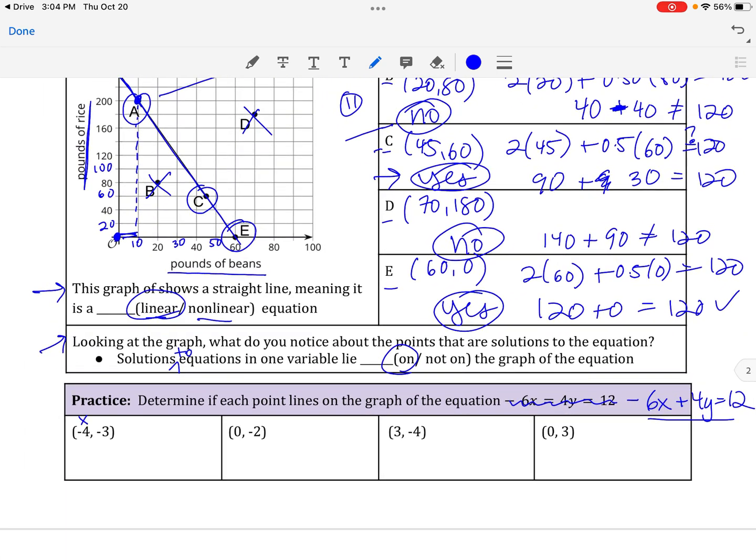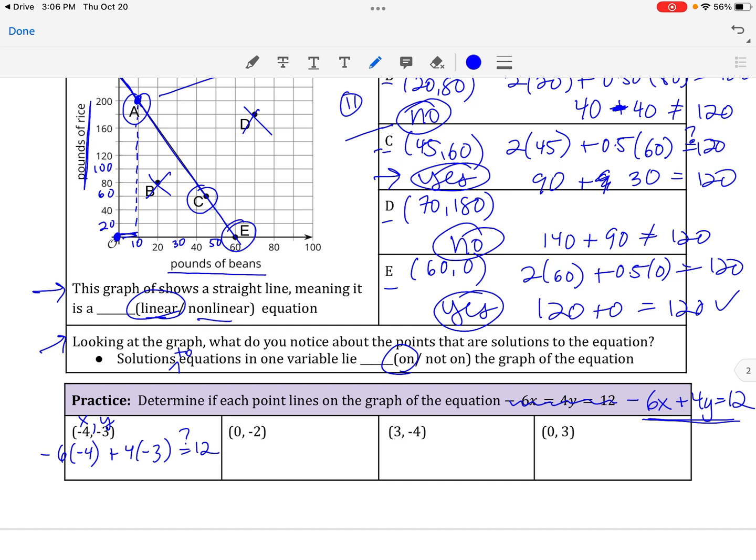So negative 4 is the x value, negative 3 is the y value, and we're going to plug it in to this equation, negative 6x plus 4y. So we'll say negative 6 times the x value, negative 4, plus 4 times negative 3. Does that equal 12? Oops, I wrote something wrong here. Should be negative 3.